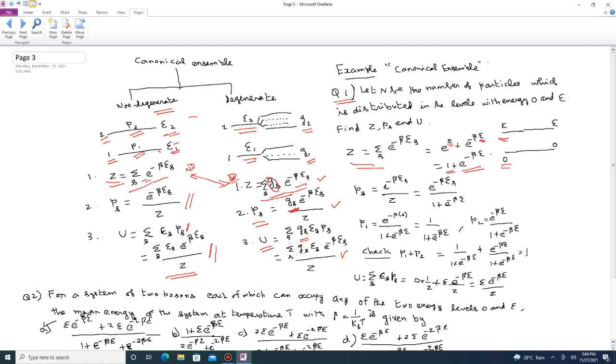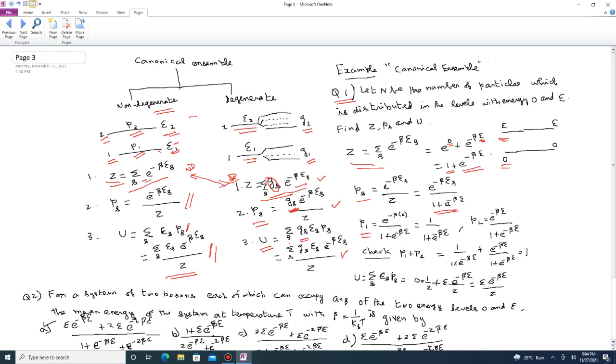Now let us find P_s. This expression is e^(-βE_s) divided by Z, which is equal to e^(-βE_s) divided by, substituting for Z, 1 plus e^(-βE), which we have already calculated. Because we have two levels, first let us find P1, the probability of occupation of level 1.